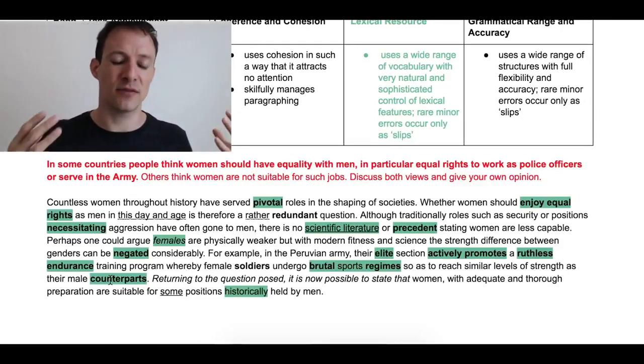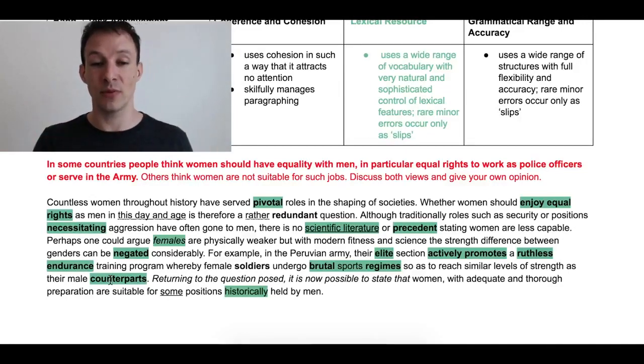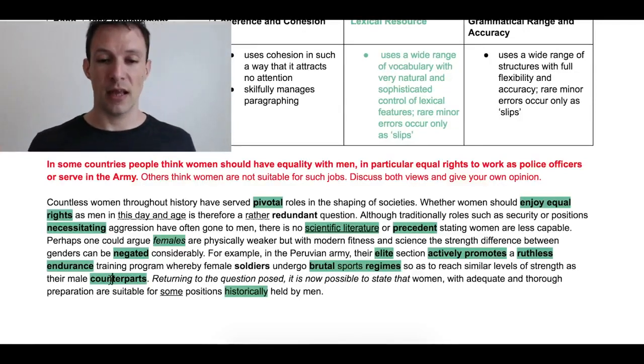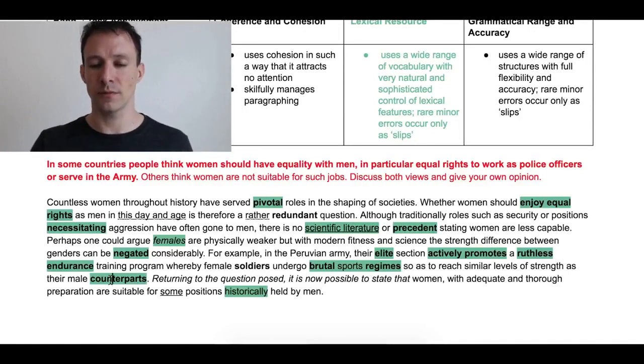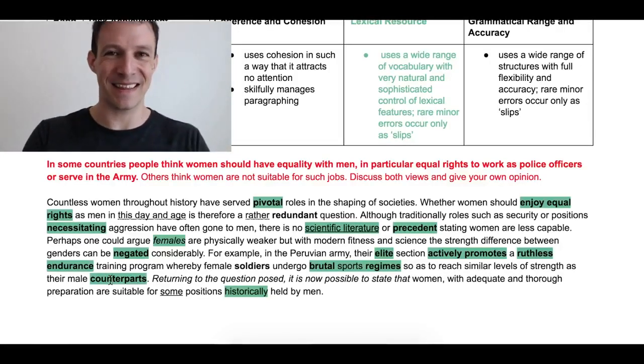Okay, so instead of talking about genders or repeating the term genders or equal rights between men and women, I've used the male counterparts, which basically means their colleagues or competitors, just basically the people next to them. Not the best description, but you get the idea.